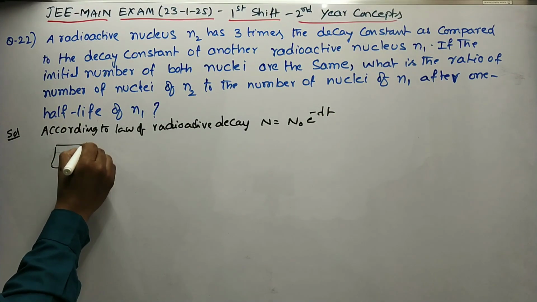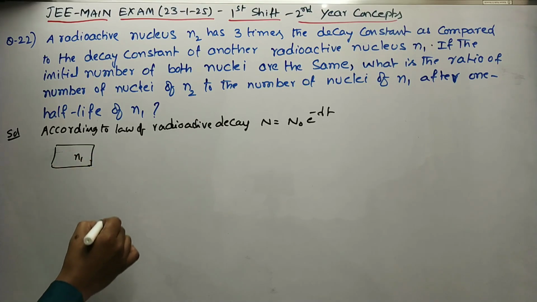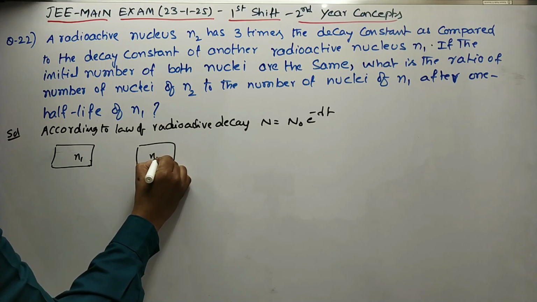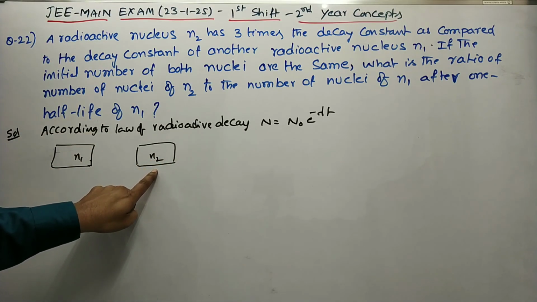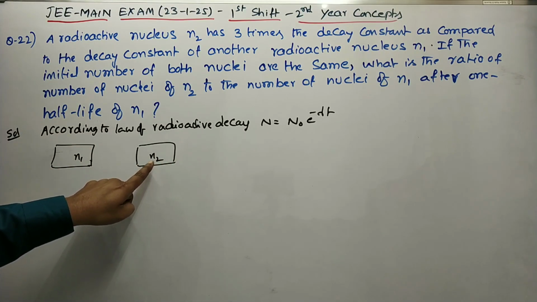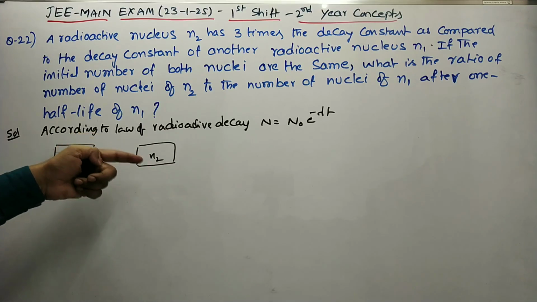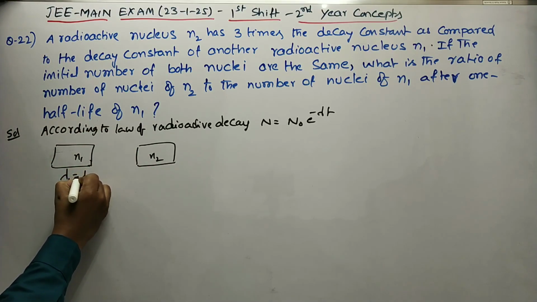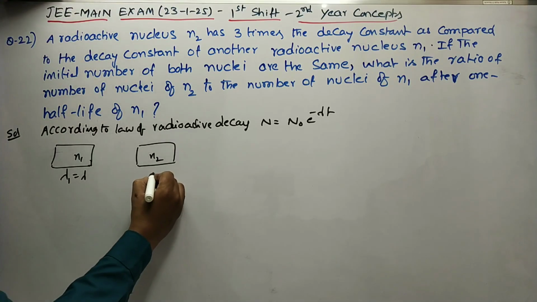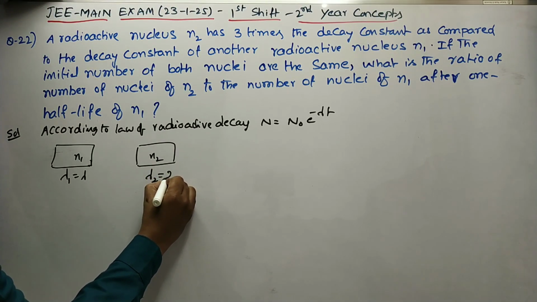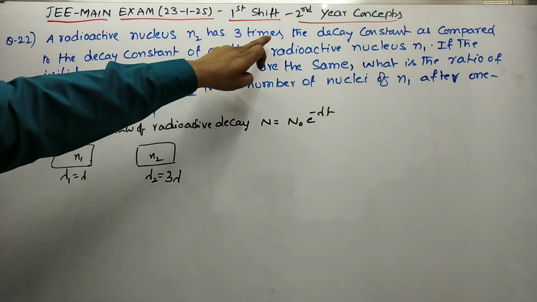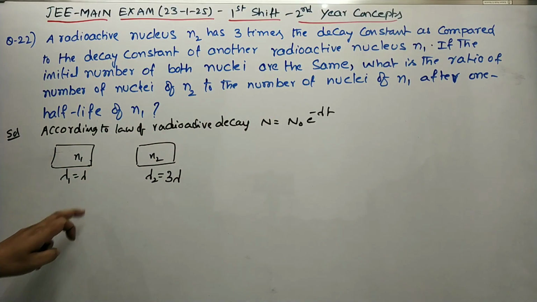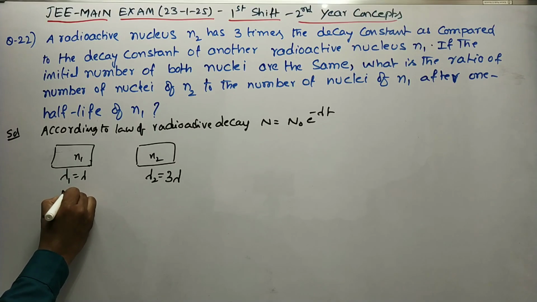This is the first radioactive nuclei, N1, and this is the second radioactive nuclei, N2. Its number of nuclei at any instant is N1 and its decay constant is lambda 1. Its decay constant lambda 2 is equal to 3 times the decay constant of the other radioactive nuclei N1. Initially both have the same number of radioactive nuclei.